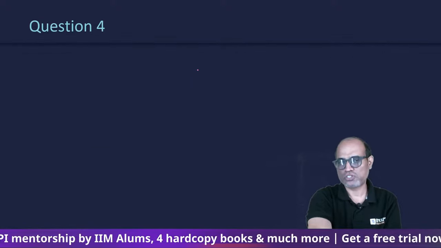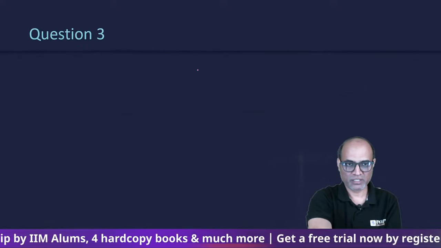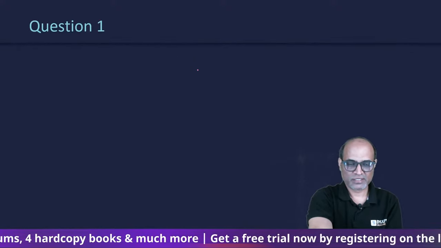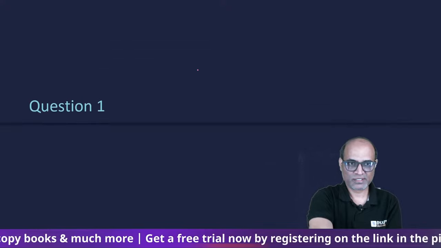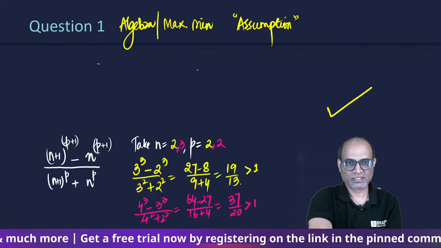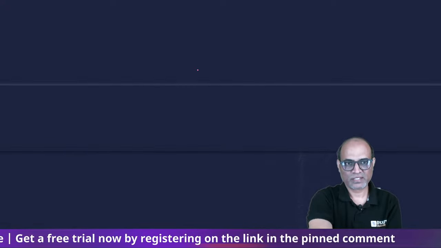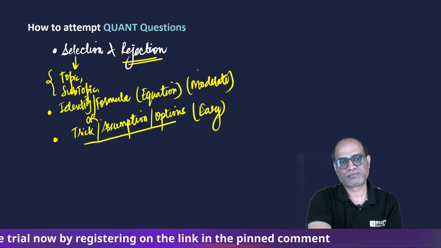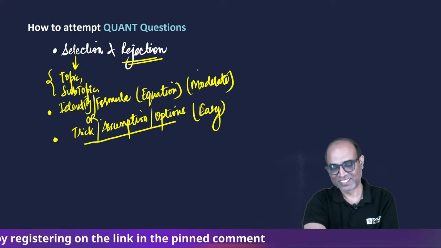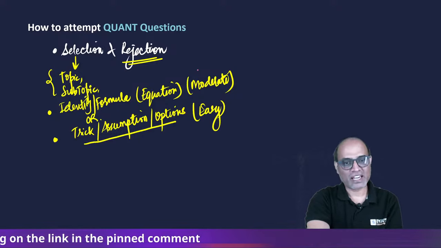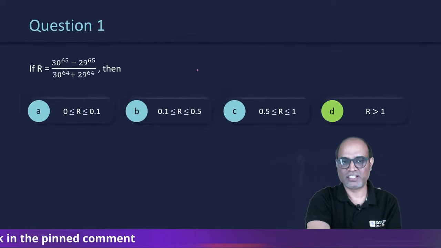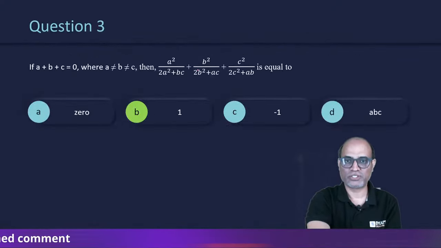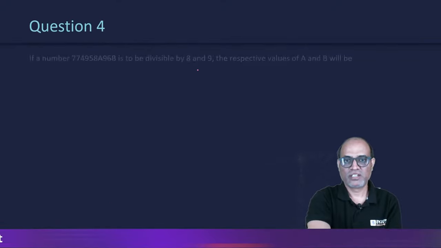Okay, brute force is also one approach, but trick. So brute, trick, assumption, options, these are the approaches. We have been solving all the questions using assumptions and options. देखते हैं कि tricks वगैरह भी है कि नहीं.